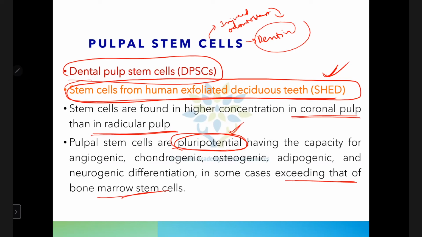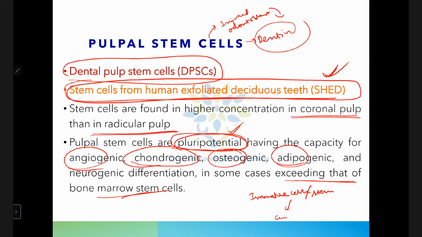A pluripotent stem cell is an immature cell that gives rise to different cell types. Here you can see chondrogenic means cartilage, blood vessel formation, osteogenic means bone formation, adipogenic means fat. So one cell is getting differentiated into different kinds of cells.